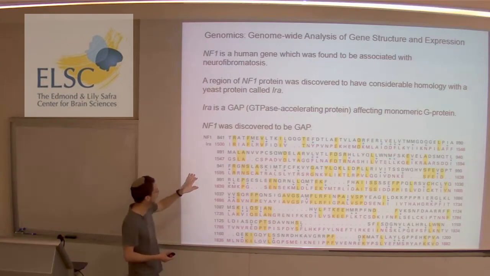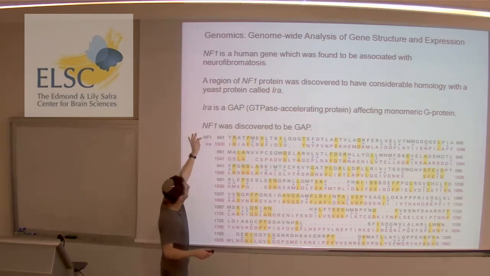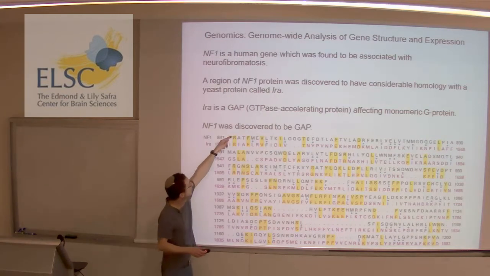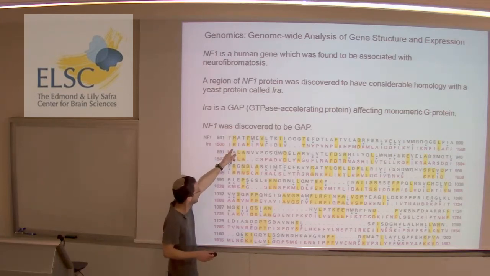What we are looking at here is the outcome of an algorithm named BLAST. The homology between these two proteins, NF1 and IRA, is on the level of the amino acids. Yellow marked amino acids are identical. If you have identical amino acids, you mark them with a yellow marker.